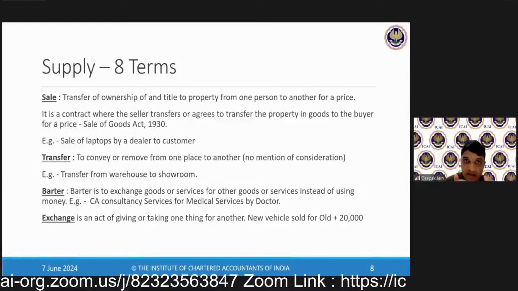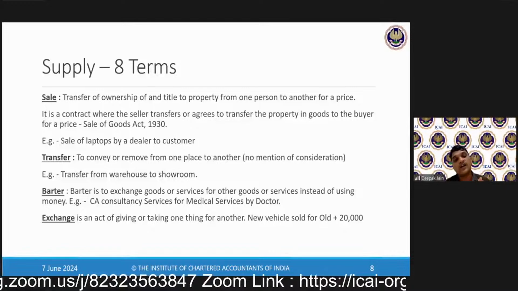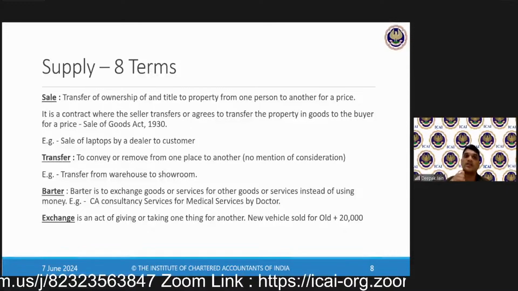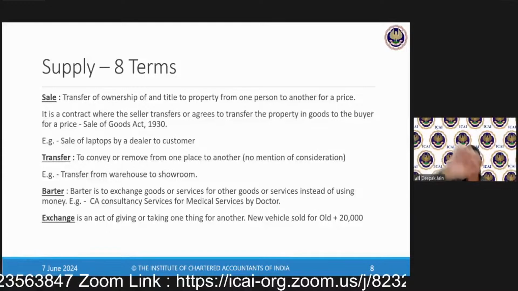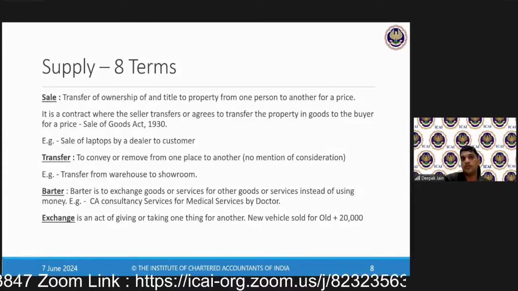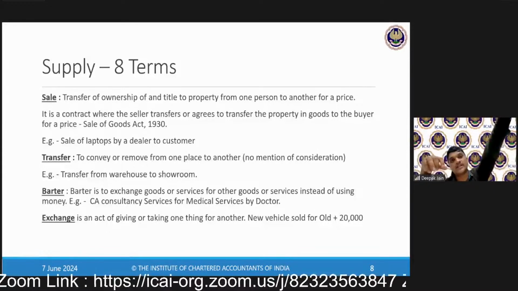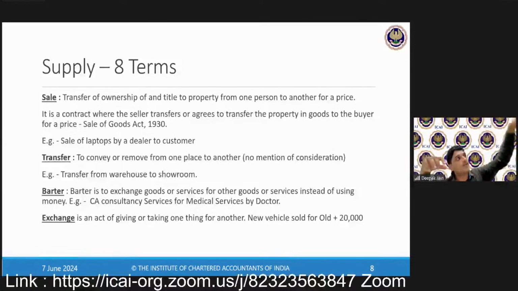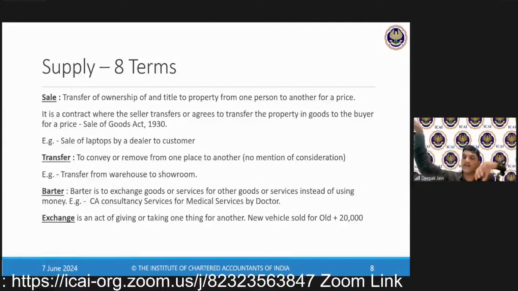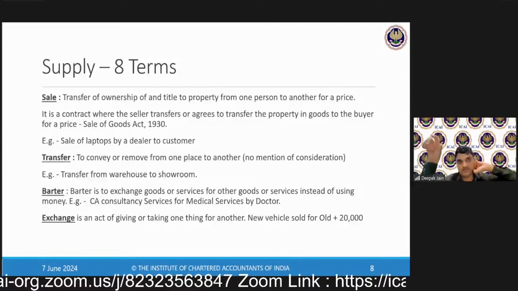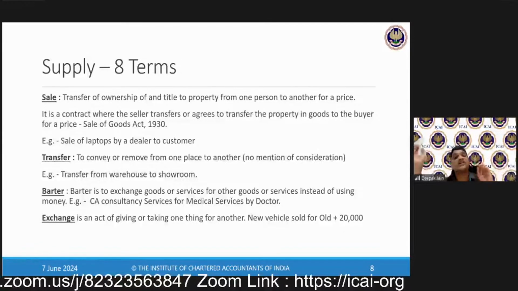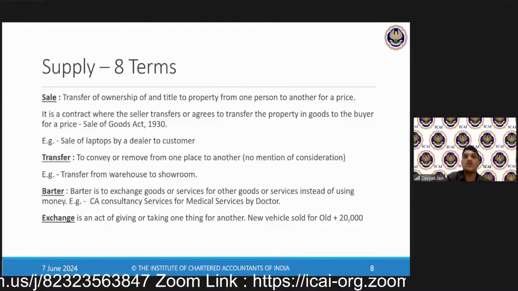Now, apart from sale, there are other terms. What are those other terms? One is transfer. So when I transfer the goods, an example is transfer from warehouse to showroom. One entity itself has a main godown and it has a showroom. So when there is a transfer from godown to showroom, it is not a sale because you are the owner.